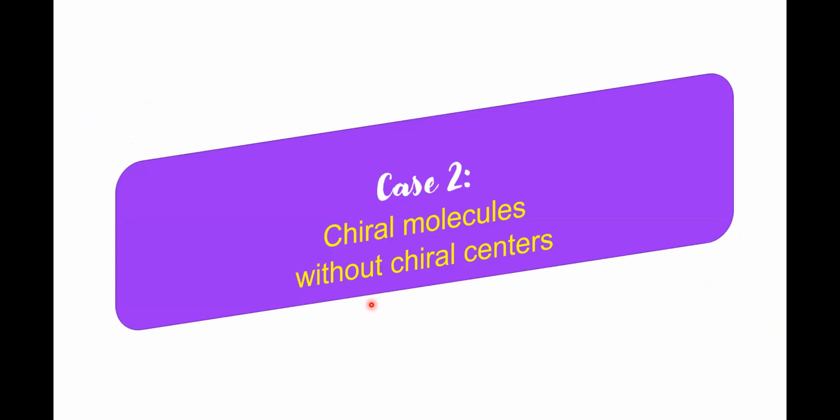Just now we discussed that the presence of a chiral center is not necessary for a molecule to be chiral. So let us look at which types of molecules are chiral even though they do not contain chiral centers. Chirality can exist even without a chiral center.